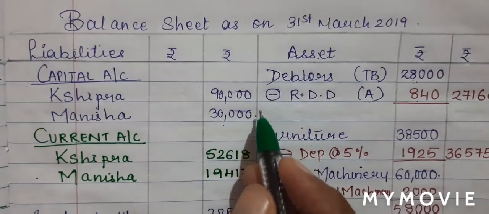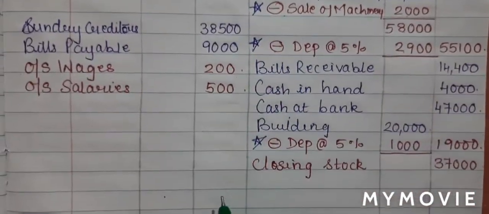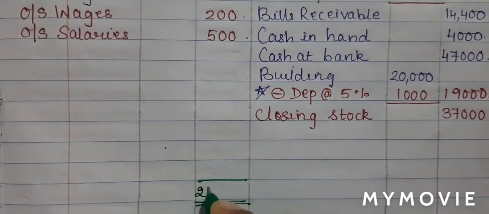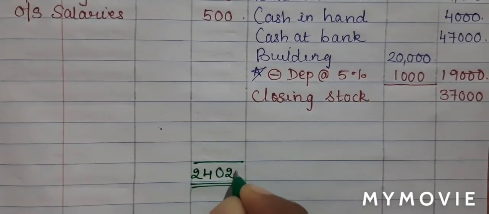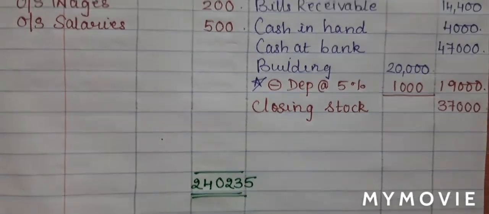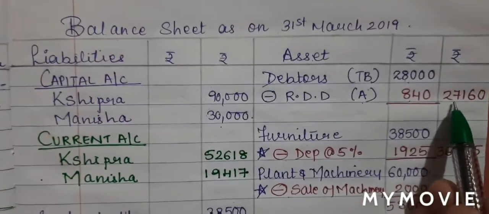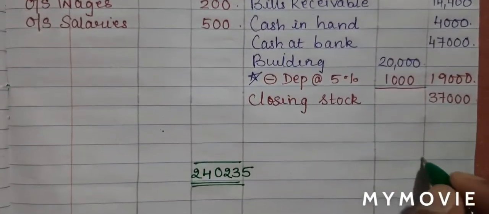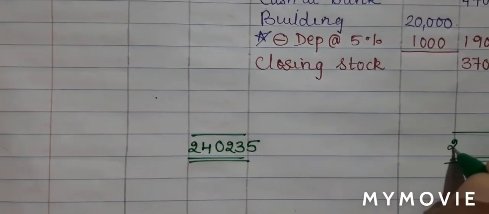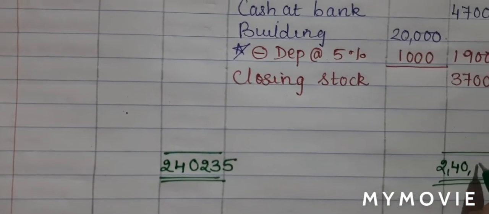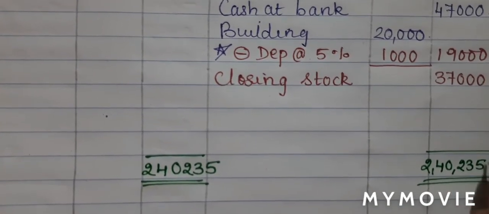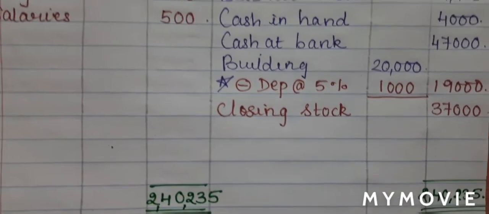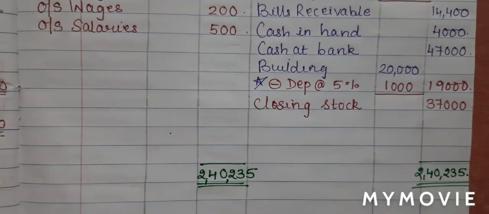And now when I total my liability side, I get a total of 2,40,235. And in the same manner, when I total my asset side, I get the same total as my liability as 2,40,235. With this students, we have tallied our sum number 10 and I hope you have understood the problem.